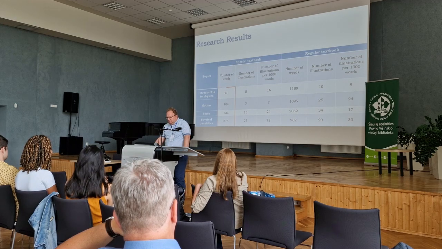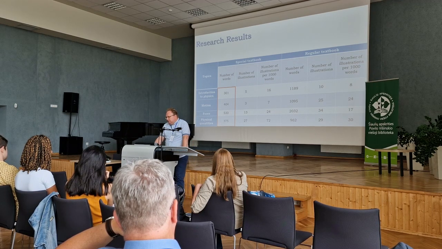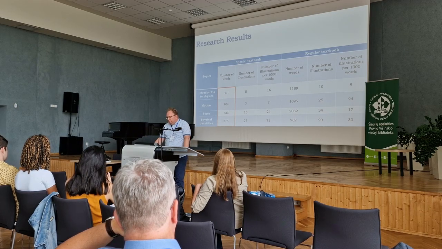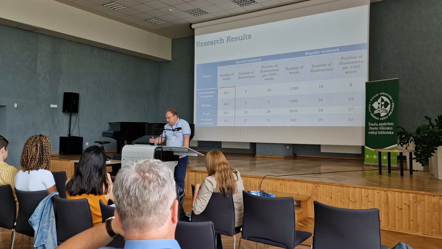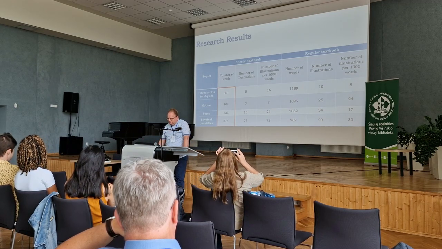It's easy to notice that in special textbooks, the number of words is less. So we adopted that method and we calculated the number of illustrations that all those topics would have if they had 1,000 words.